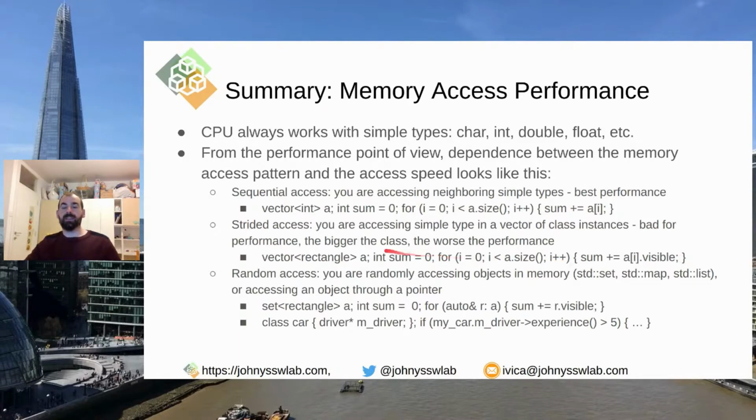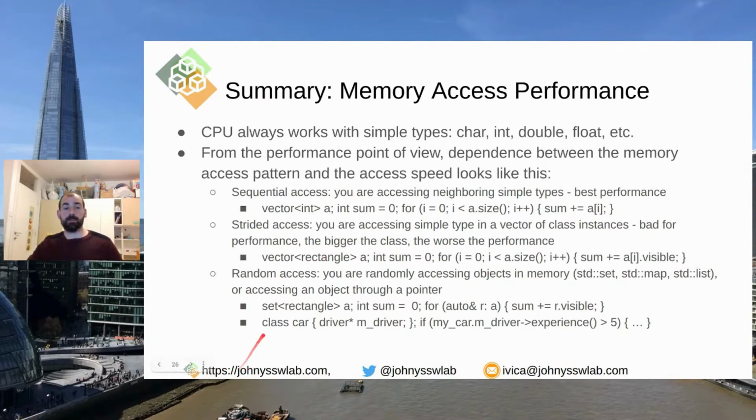If the rectangle is a class, the visible member will be at offset 0, and some other member will be at offset 4, and some other at offset 12. If the class has 12 bytes size, I will iterate at memory location 0, memory location 12, memory location 24, and so on. So this is strided access.